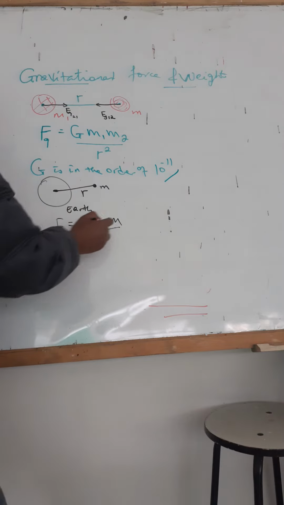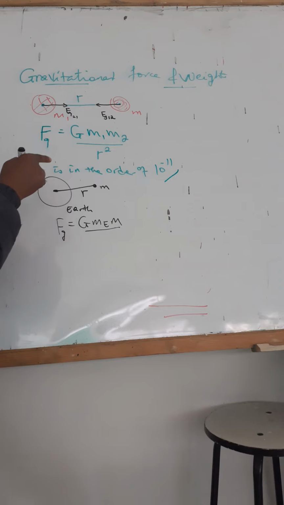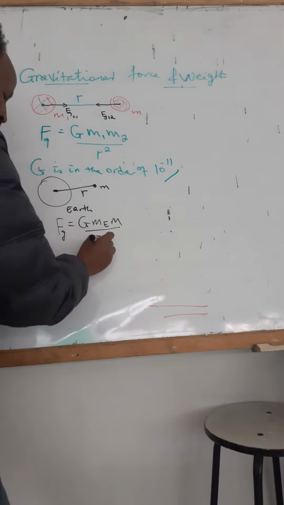But again, don't forget that this mass attracts Earth by an equal magnitude of force. But the mass of the Earth is too big, so that force may not affect Earth. It automatically affects the smaller mass. Okay?